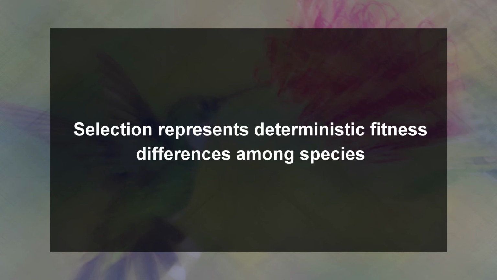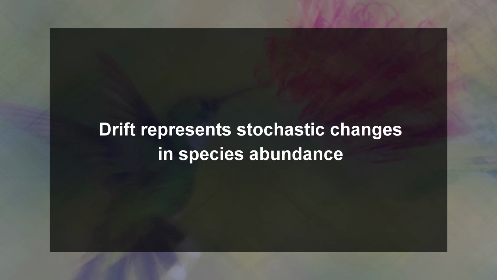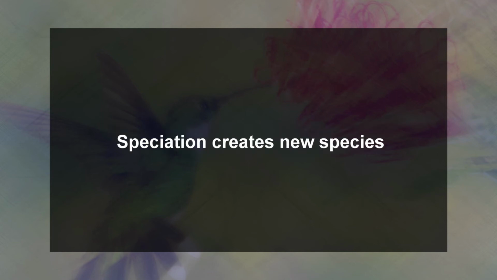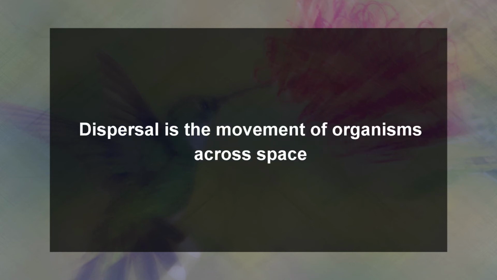The whole concept of the community, related to patterns in the composition and diversity of species, is influenced by only 4 classes of processes: selection, drift, speciation and dispersal. Selection represents deterministic fitness differences among species. Drift represents stochastic change in species abundance. Speciation creates new species, and dispersal is the movement of organisms across space.